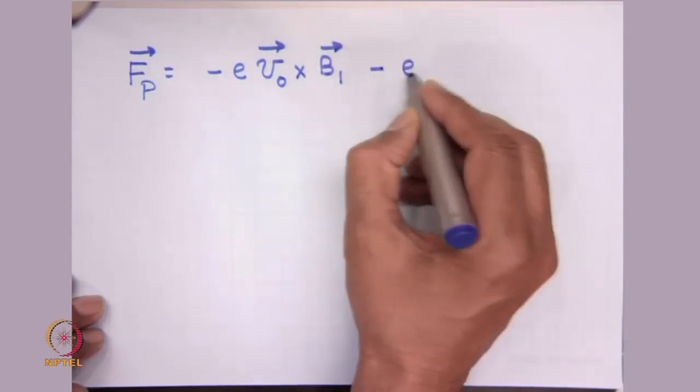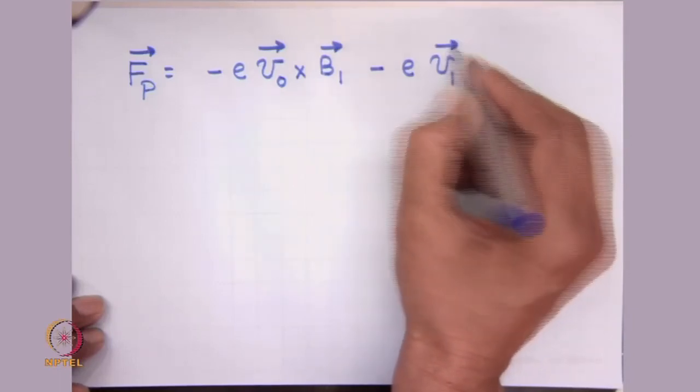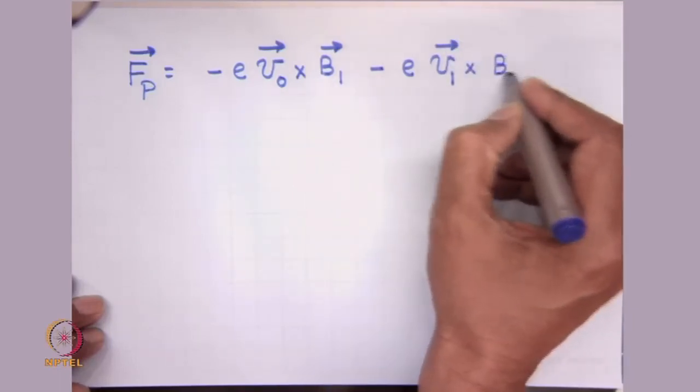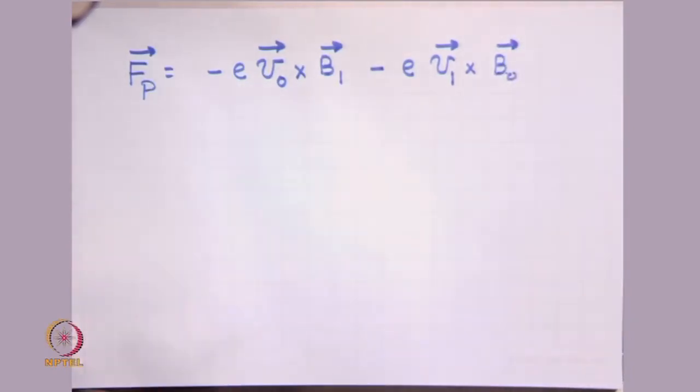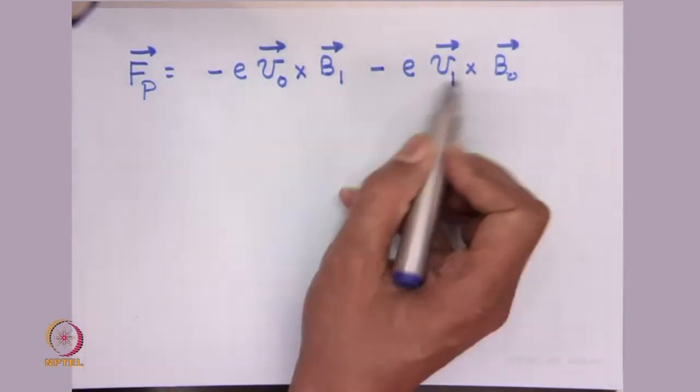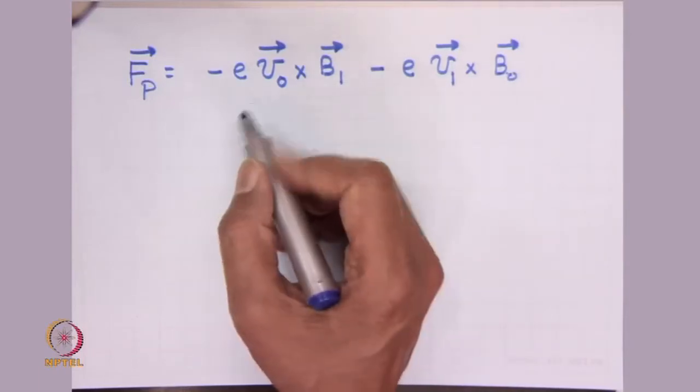And similarly, you can multiply this V due to the scattered wave and the magnetic field due to the first wave. These were the terms that were ignored in the process of linearization when we solved the response of electrons to the EM wave. But now if you retain these neglected terms, they are called the nonlinear force or ponderomotive force.